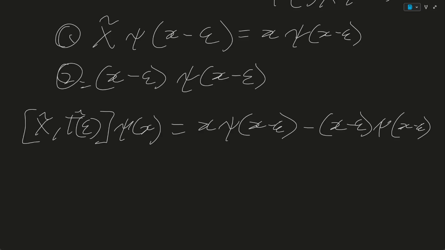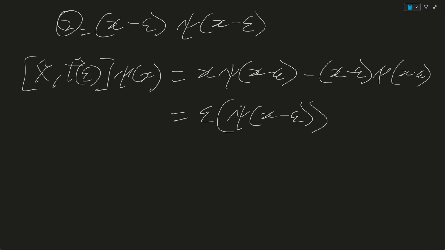Well, that's a lot of things, and this is going to leave us with x minus epsilon of that, which is obviously just going to be epsilon. And then, well, we can expand this, and it is as simple as this being epsilon psi of x plus some error terms.